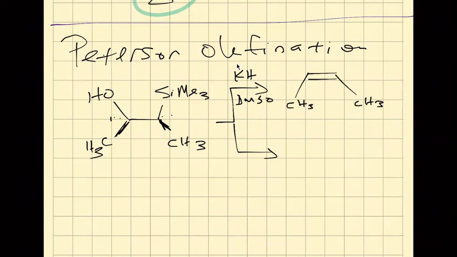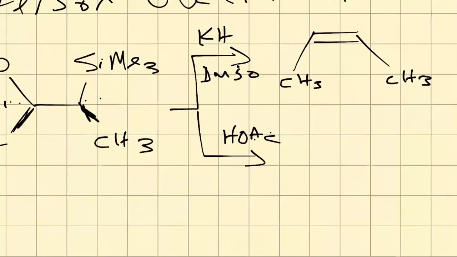And then under acidic conditions, using acetic acid, let me zoom in a little bit more, sorry about that. So acetic acid and then sodium acetate, right? You get the trans alkene.